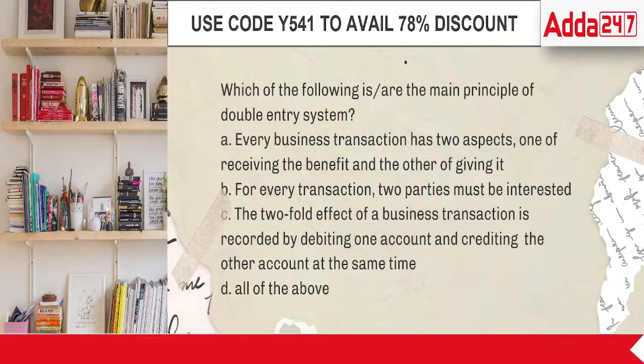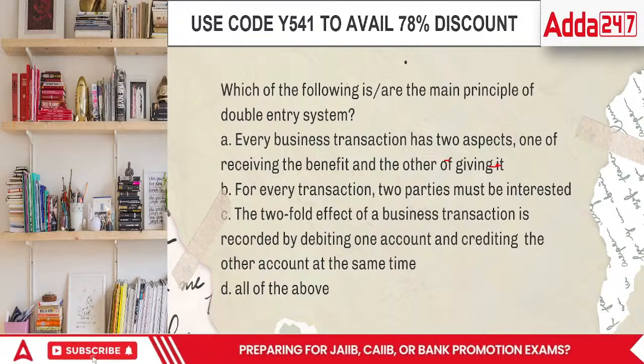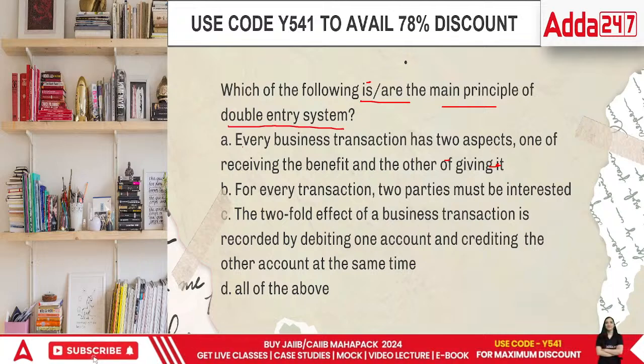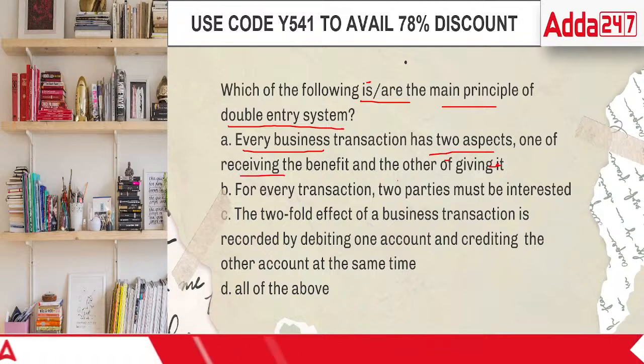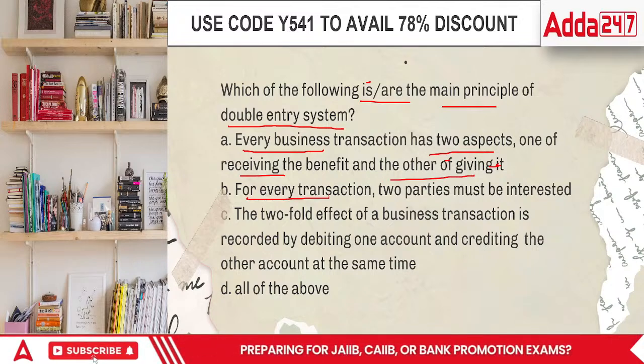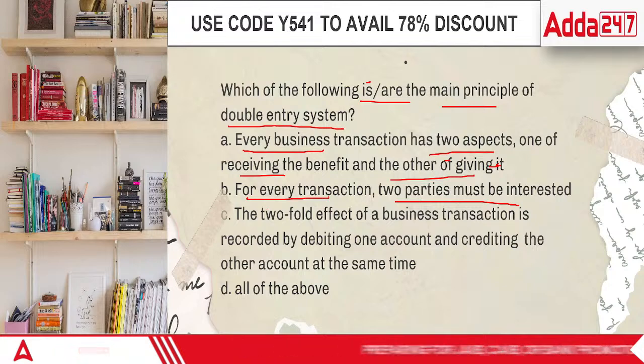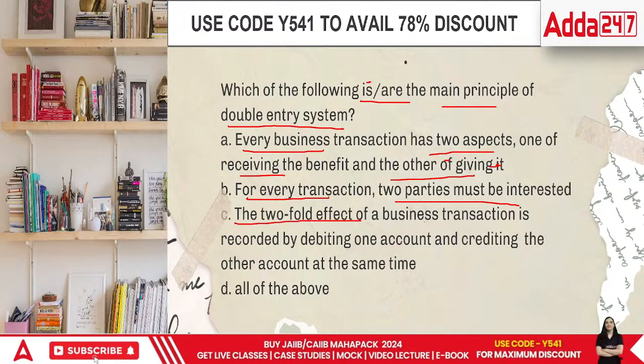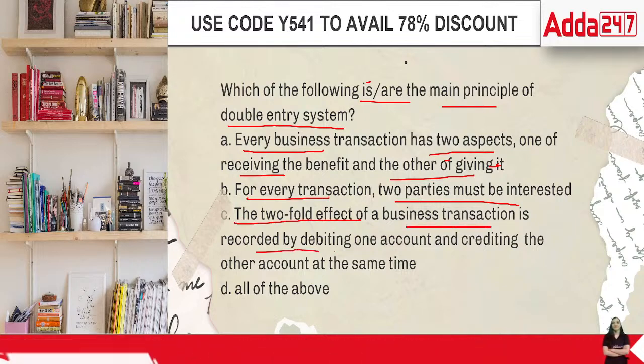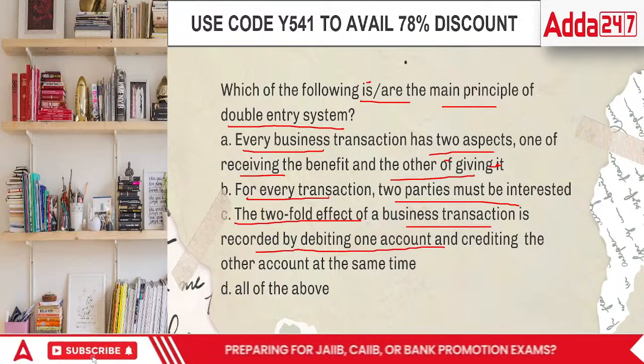Next question. Which of the following is or are the main principle of the double entry system? Every business transaction has two aspects, one is receiving benefit and the other one is giving. For every transaction, two parties must be interested. The twofold effect of the business transaction is recorded by debiting one account and crediting the other account.